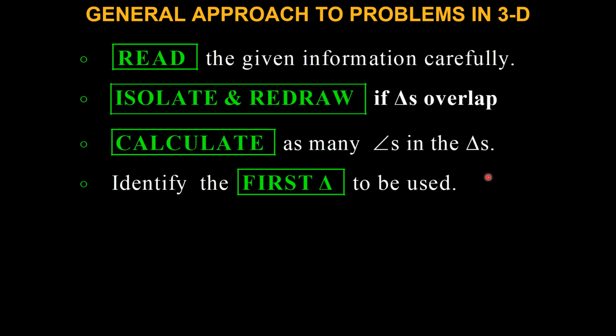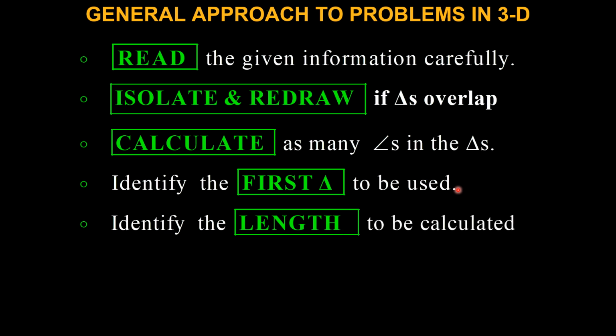You cannot apply the sine rule or the cosine rule if you only have 2. So the triangle with 3 measurements in, that's the triangle you will start with. Now once we have that triangle, you normally want to determine a length. The length will depend on the question that's asked or what your second triangle is. And this length will be the link between the first and the second triangle. Okay?